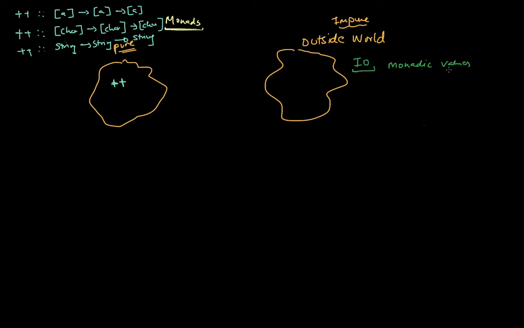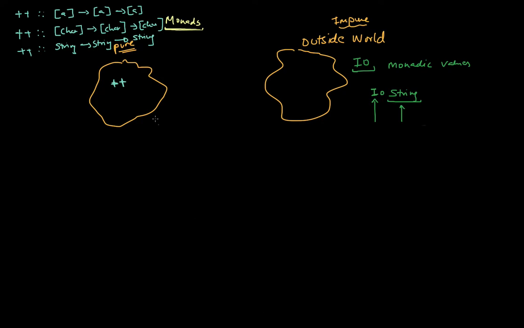And when I say monadic values, I no longer have something of type String, but what I now have is something of type IO String here. The moment I try to get the string from the user, I'm going to introduce a side effect, the side effect of this IO.